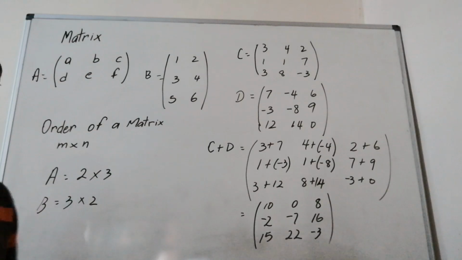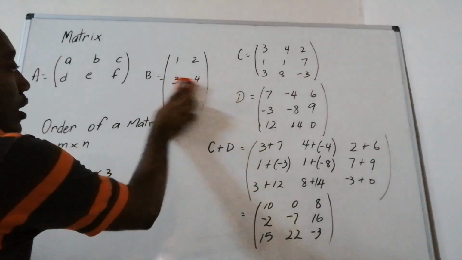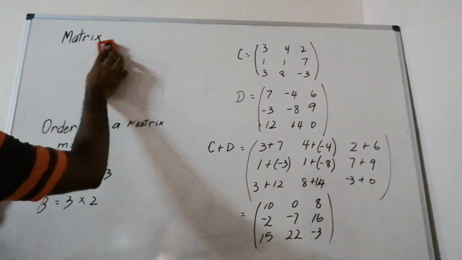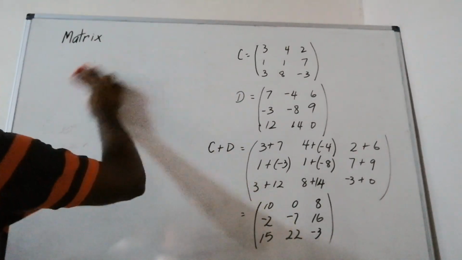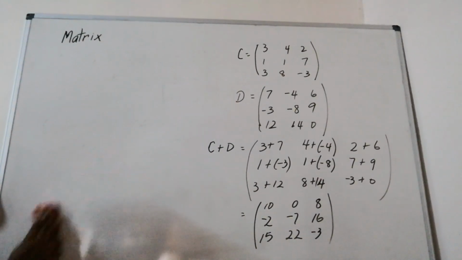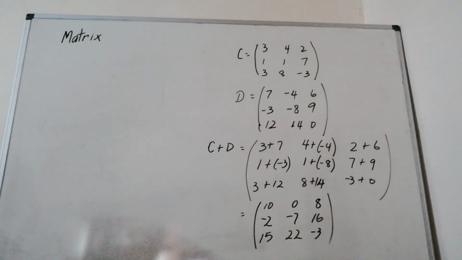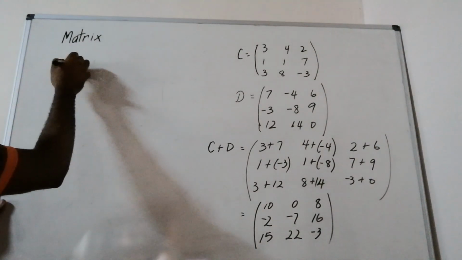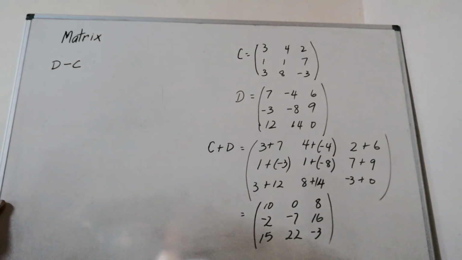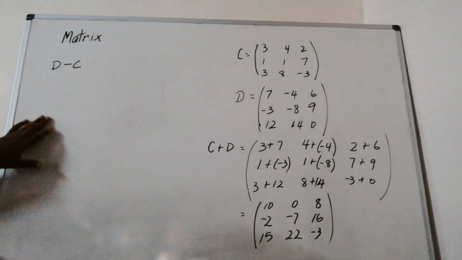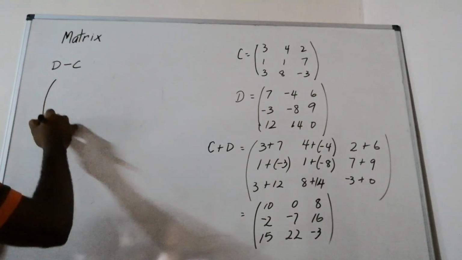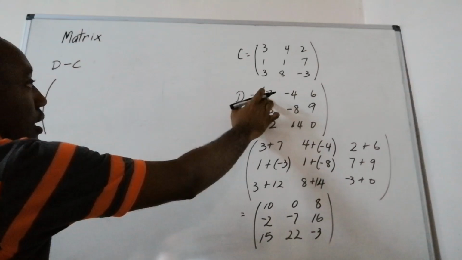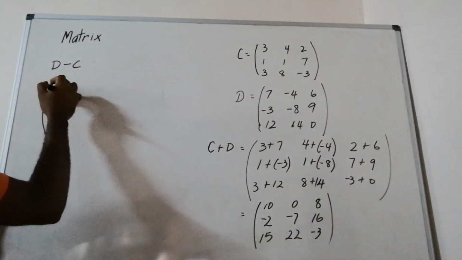The same thing goes if we subtract. When we subtract, we subtract the numbers in the similar position. So therefore, if I'm to subtract matrix D minus C, notice I have to put the D matrix first. So 7 minus 3, same position.